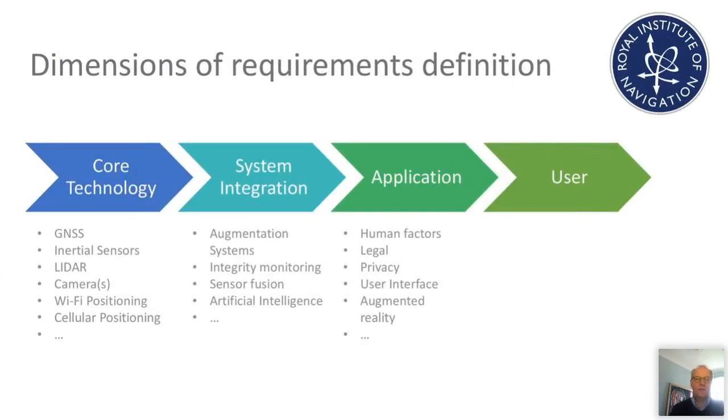This chart, if there's a message from this chart, it's that no single technology element performs well across all of those requirements definition areas. So none of these core technologies on the left would give you 4 greens on that performance framework that I just went through.